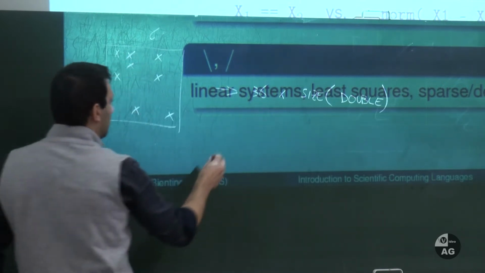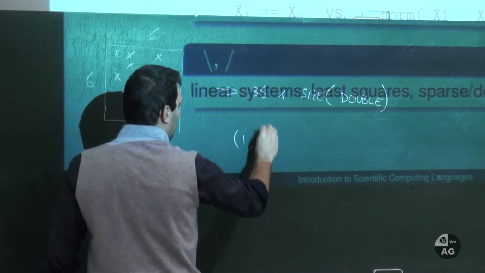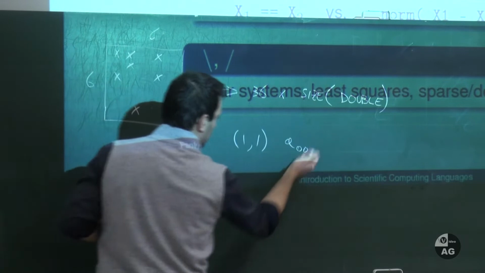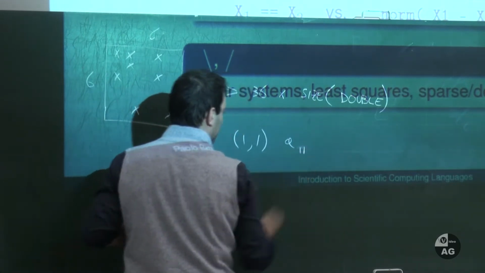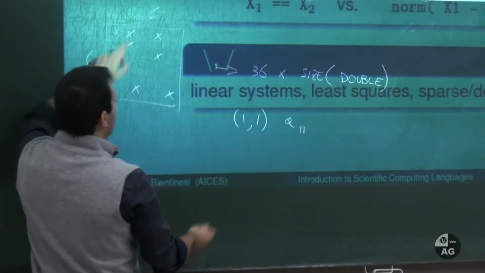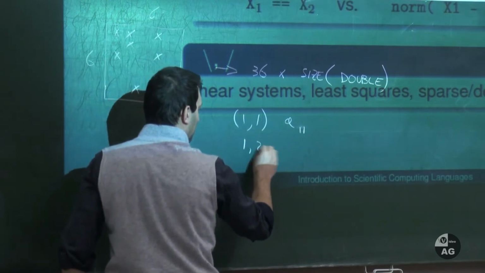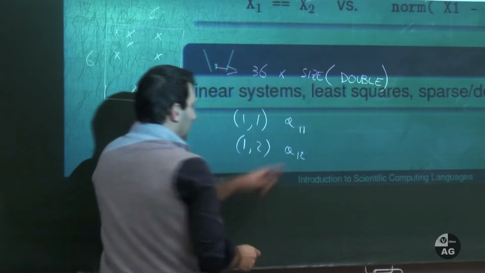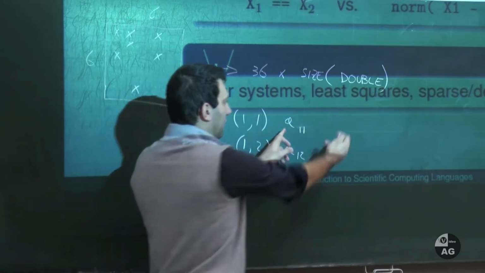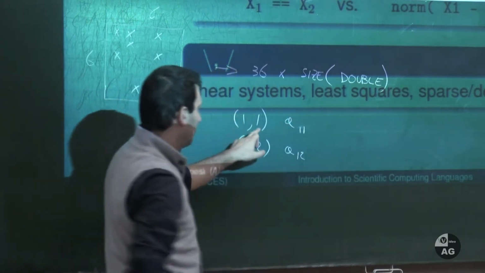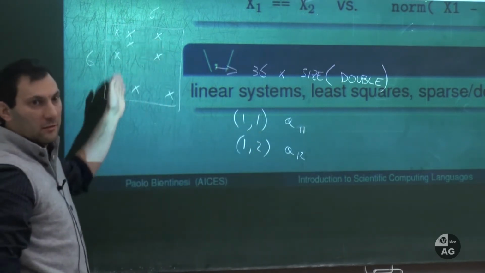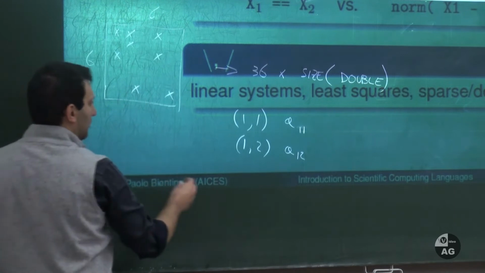For instance, I could say in position 1, 1, there is whatever, 8. In position 1, 2, there is entry 1, 2. This thing here is a real number, a double. These things here are integers expressing where in the matrix there is something different from 0.